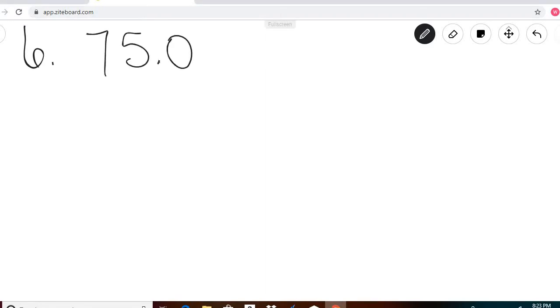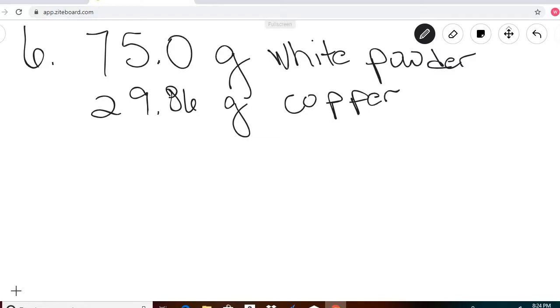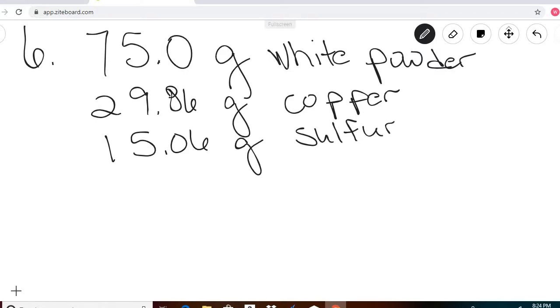We start with 75.0 grams of white powder, and that white powder is broken down into 29.86 grams of copper, 15.06 grams of sulfur, and an unknown amount of oxygen.